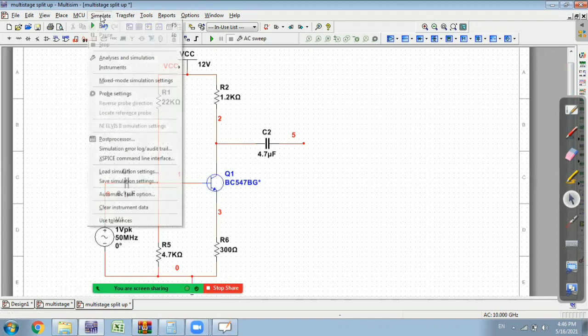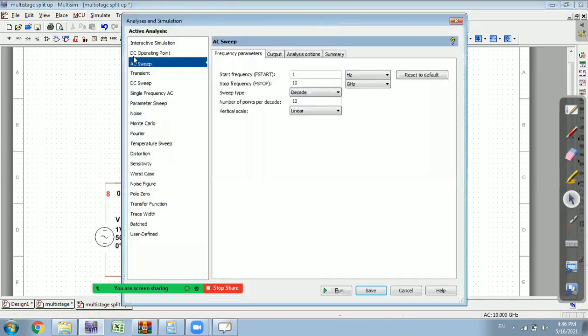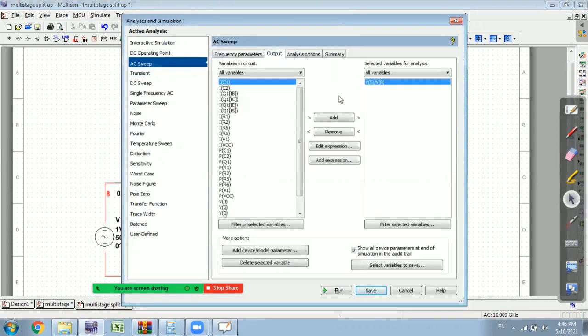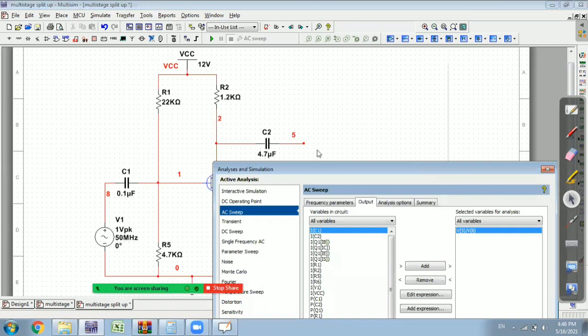Just go for simulate. This is ready to simulate. Go for analysis and simulation, AC sweep, output. As we know, the gain is the ratio of output voltage to input. My voltage gain is output voltage divided by input voltage.